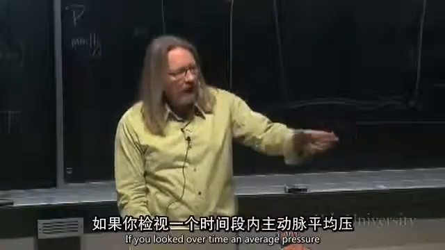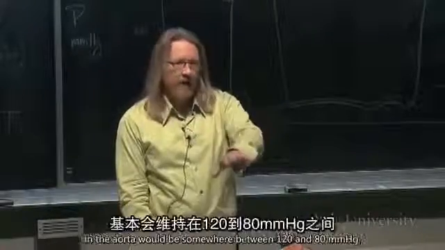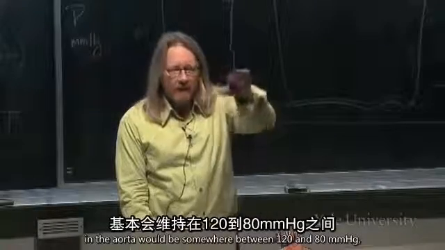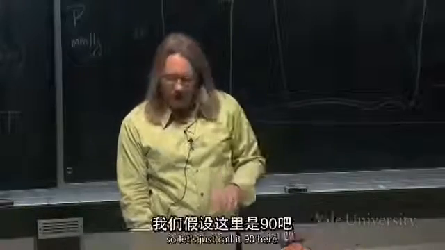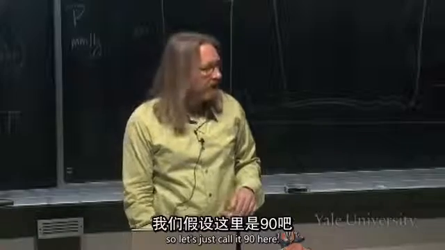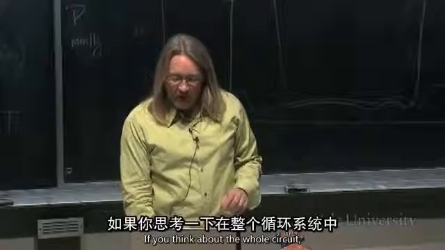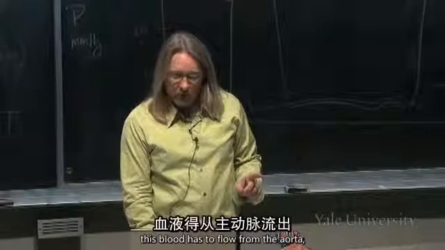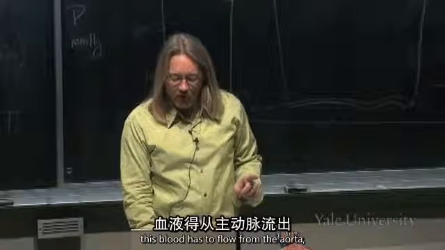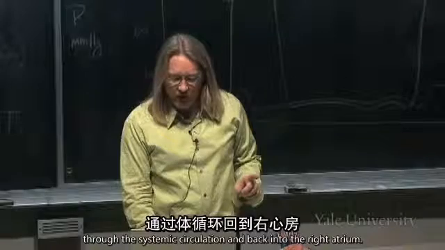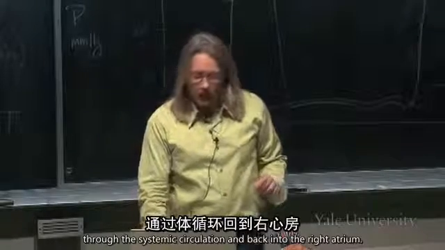But if you looked over time, an average pressure in the aorta would be somewhere between 120 and 80 millimeters of mercury, so let's just call it 90 here. So the pressure in the aorta is 90. Now, if you think about the whole circuit, this blood has to flow from the aorta through the systemic circulation and back into the right atrium.